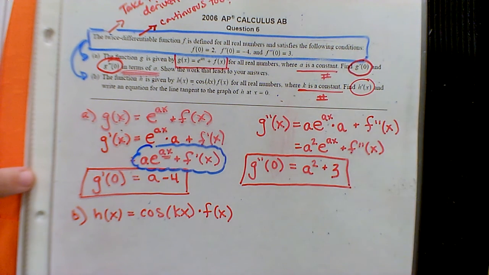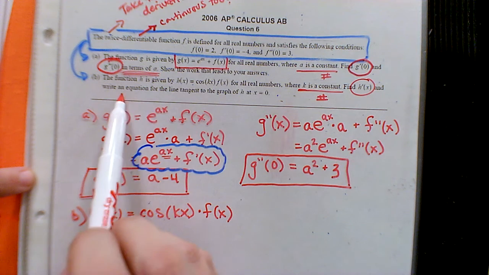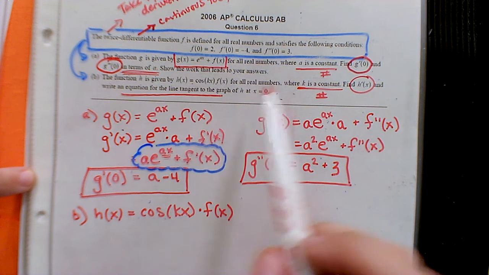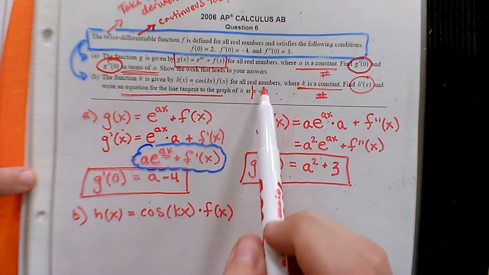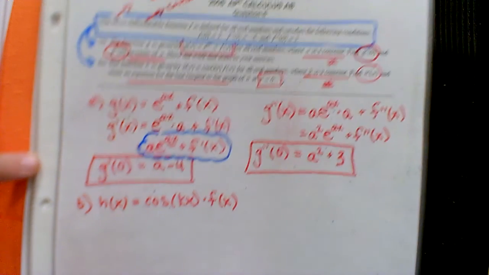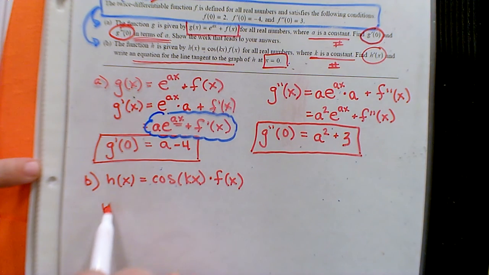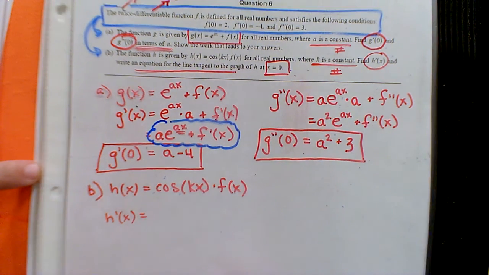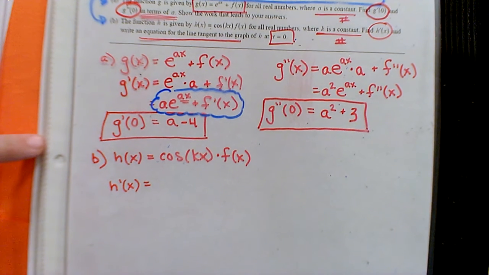Find h prime and write the equation of a tangent line, that's not new to us, at x equals 0. All right, so let's tackle the first part. Find h prime. How do you want to find the derivative? Think about your shortcuts.